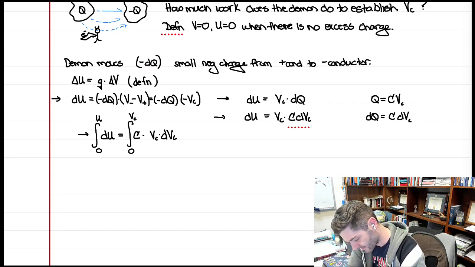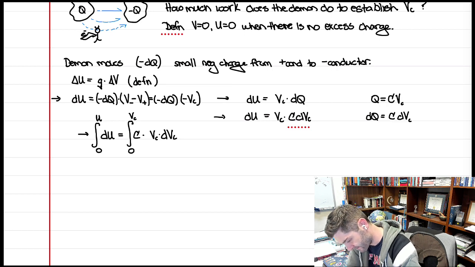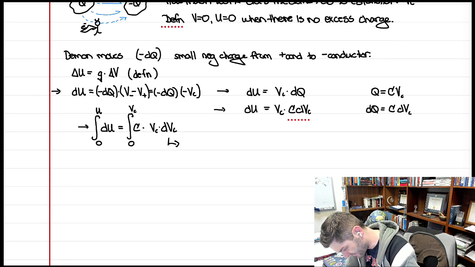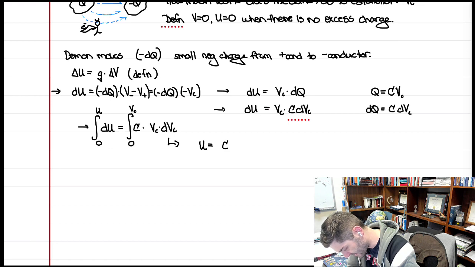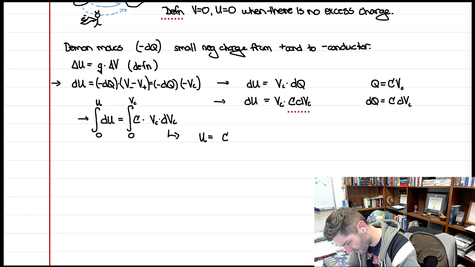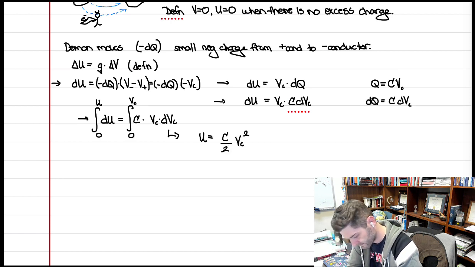So it makes sense that then this formula that we get at the end of the day, let me just go down here to give it some space. The left-hand side just becomes U, and then you're integrating essentially a polynomial. This becomes C times 1/2 V squared. So then it looks like it's C over 2 V_C squared.